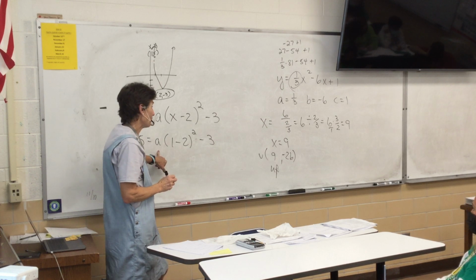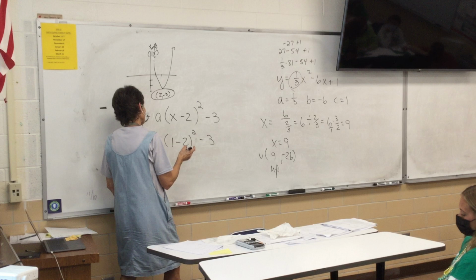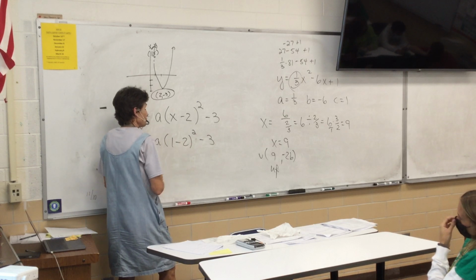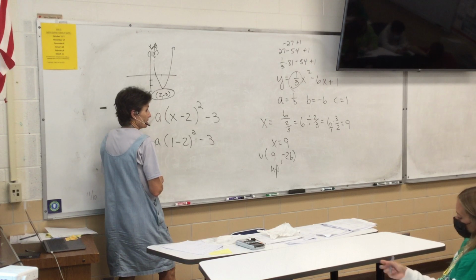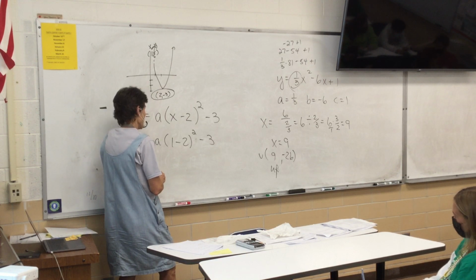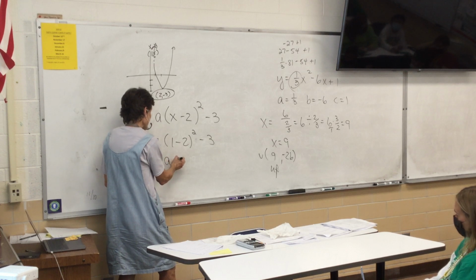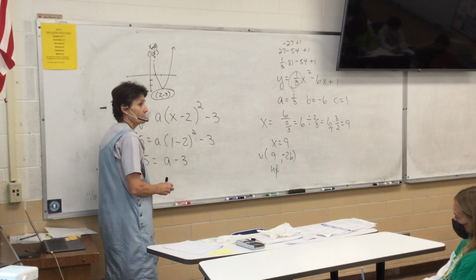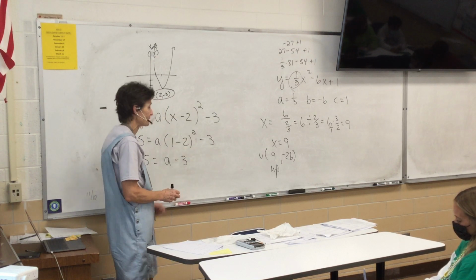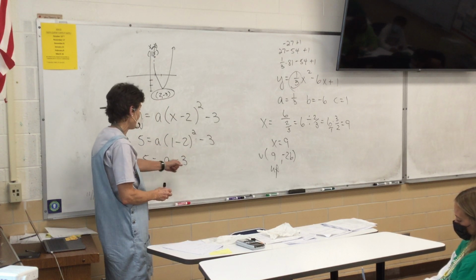Now, I do want you to be careful when you do this. 1 minus 2 is -1, squared is 1, right? So this is 1a minus 3. Don't get crazy and do 1 minus 3, that's not right. This is 1a minus 3.